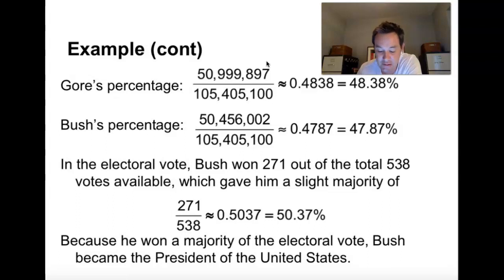If we break that down into percentages, Gore won 48% of the popular vote. Bush won 47%. So neither of them had a majority, right? But in the electoral votes, Bush happened to win the appropriate states that had more electoral votes. He won 271 of the 538 electoral votes, giving him a slight majority and winning him the presidency.